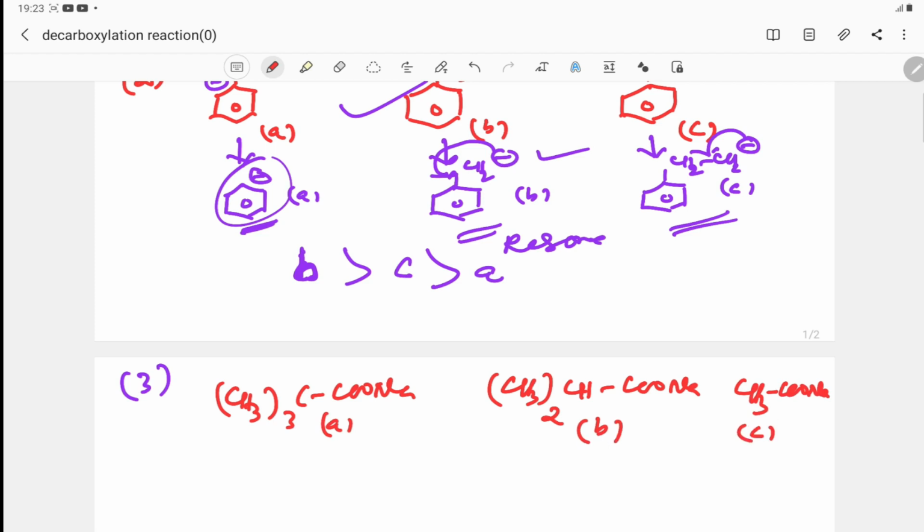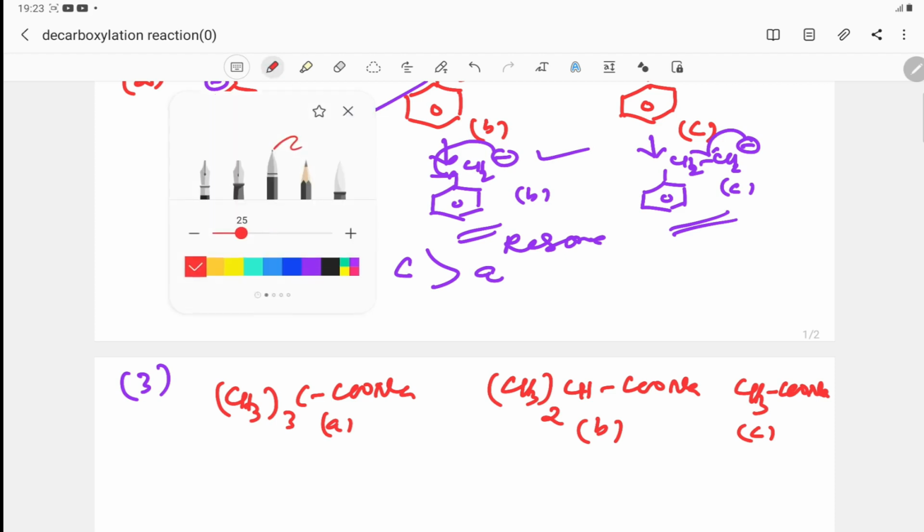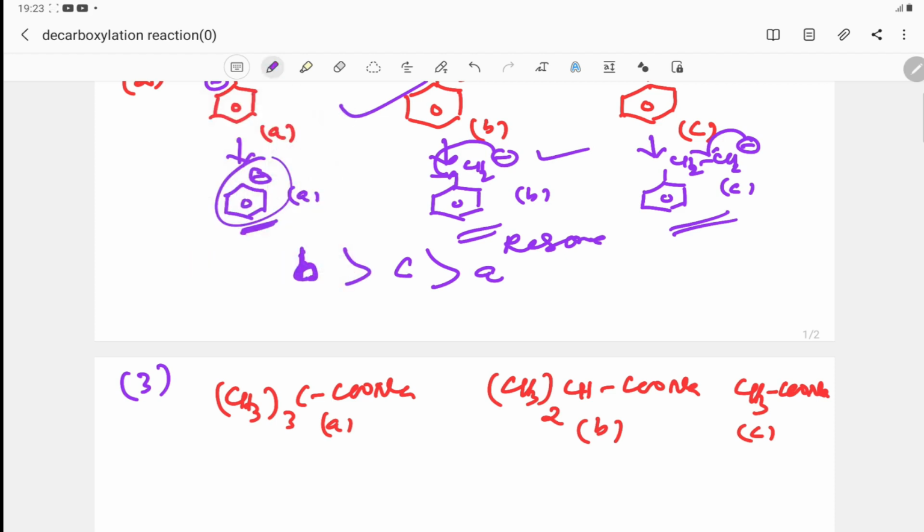Similarly, if you see the carbanion formation, this will be the carbanion part. This carbanion is a tertiary carbanion, this is a secondary carbanion, and this is a primary carbanion. We know the stability of carbanion: primary greater than secondary greater than tertiary.